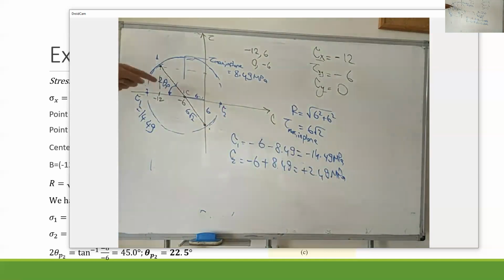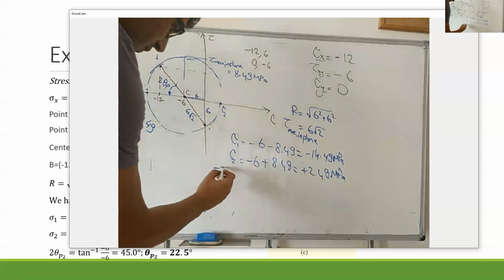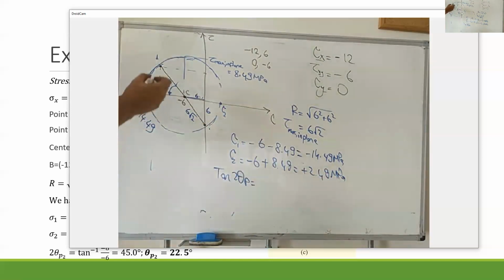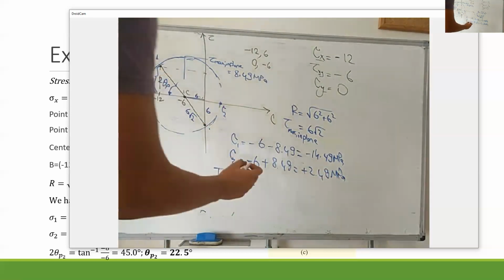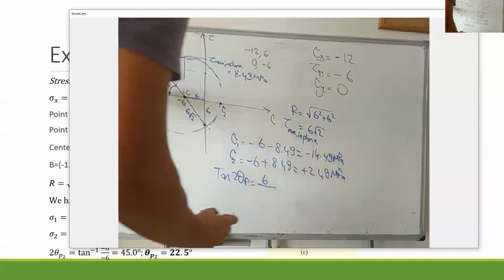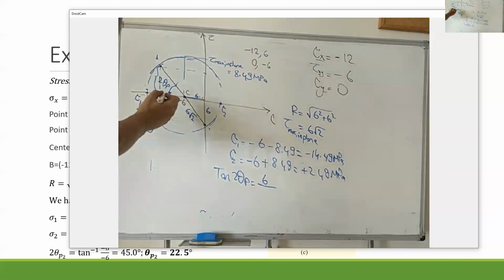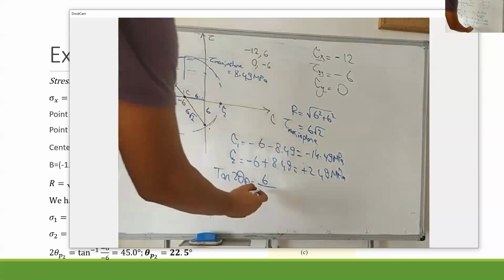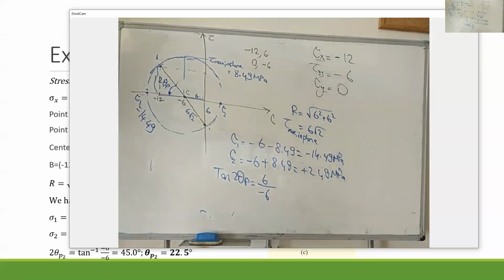Now I can calculate theta p. You can see tangent of 2 theta p is equal to, you can see this value, positive 6 divided by this value. Is this positive or negative? I can say this is the negative value.